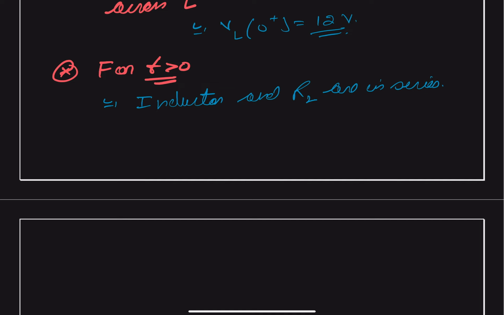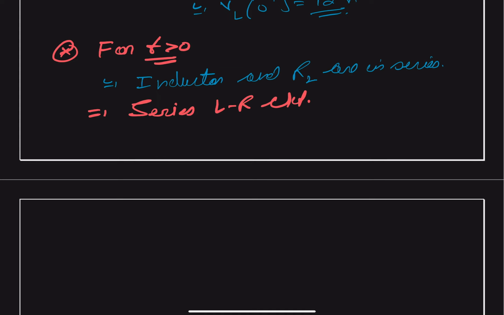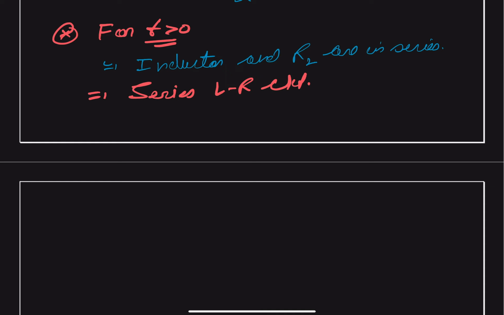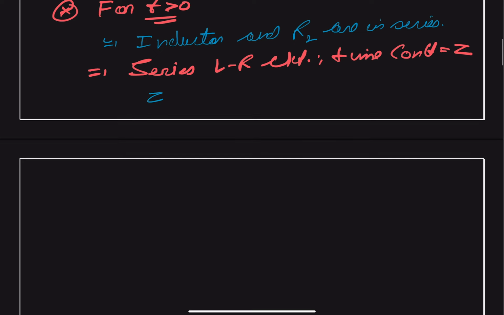So this is our series LR circuit, and we know that the time constant for this circuit, if represented as tau, can be written as L upon R2, which comes as 0.4 divided by 2, and this is equal to 0.2 seconds.